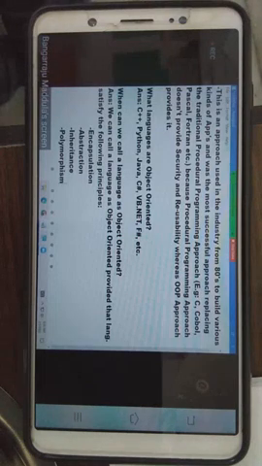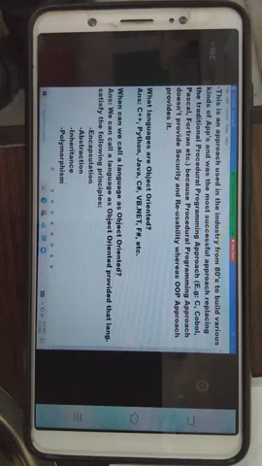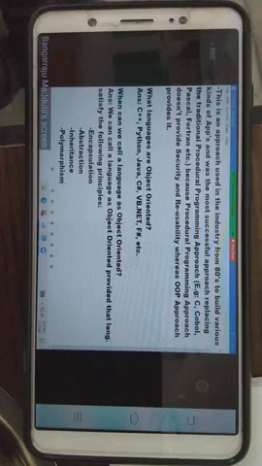Everyone sitting in the classroom, whether you have knowledge of object-oriented programming earlier or not, I don't know. But all of you are completely familiar with the four principles.